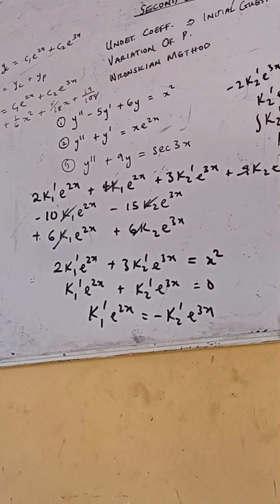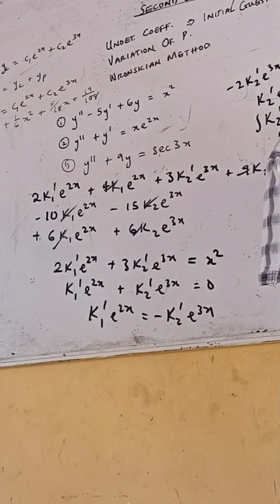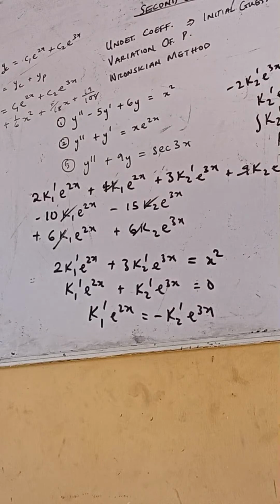So this is my u, this is my dv. U equals x squared, so du equals 2x dx. My dv is e raised to power minus 3x dx. So my v is e to the minus 3x over minus 3. So I've listed everything out. The first thing you need to know is your u, the one that comes first in this layout.